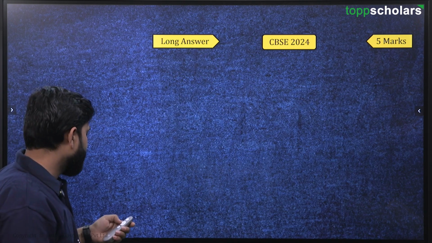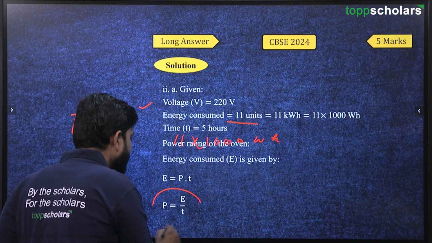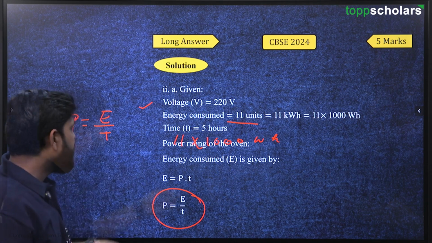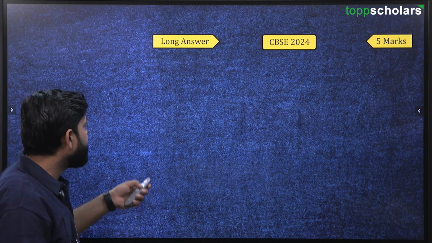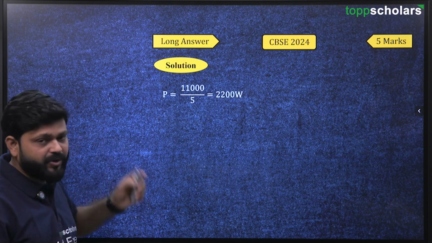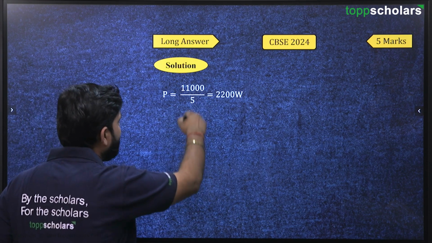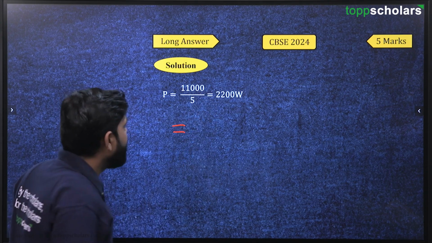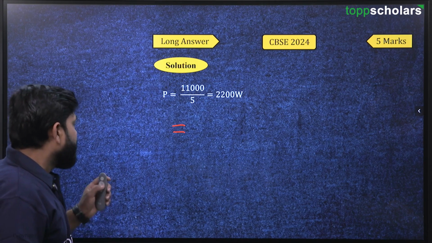So P equals E upon T. We have the value of energy, 11,000 watt hour, and upon time, 5. If you calculate this, it will be 11,000 upon 5. So you will get 2200 watt. Now we have got power.